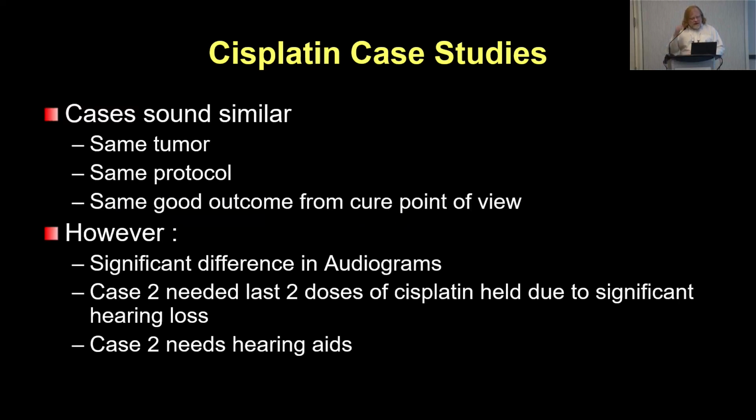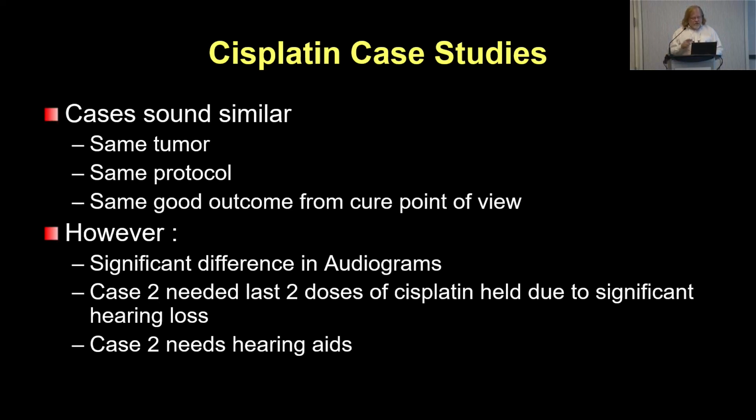Although the cases sound familiar from the same tumor, the same protocol, the same good outcome point of view, there were significant differences in their audiograms. The second case needed the last 2 doses of cisplatin held due to significant hearing loss, and that patient received permanent hearing aids and will need hearing aids the rest of their life as a result of this toxicity.